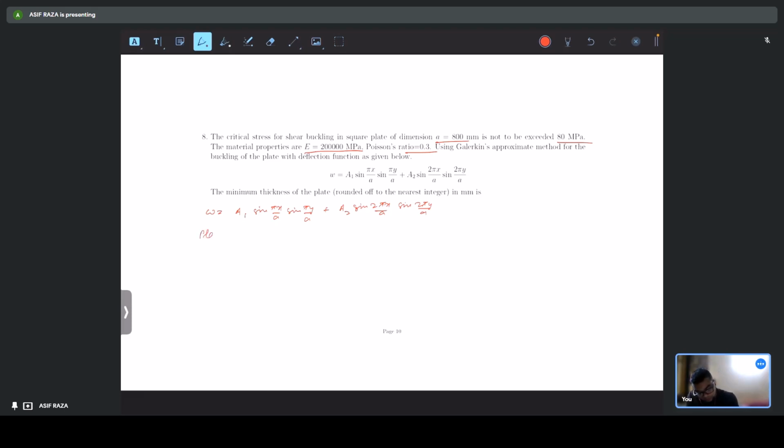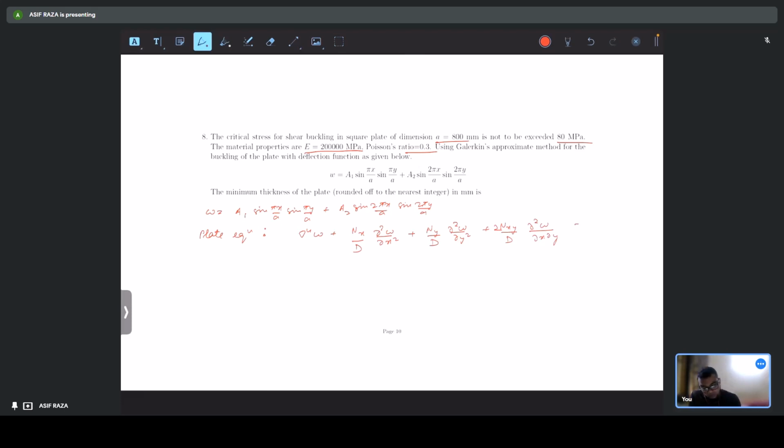So plate equation is given by del to the power 4 W plus Nx by D del square W by del x square plus Ny by D del square W by dy square plus Nxy, 2Nxy by D del square W by del x del y equal to 0.